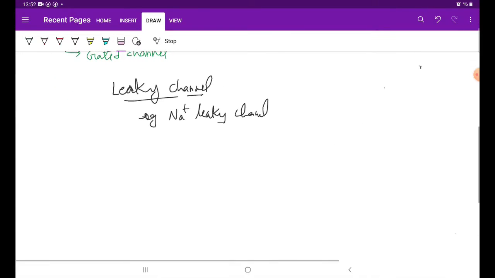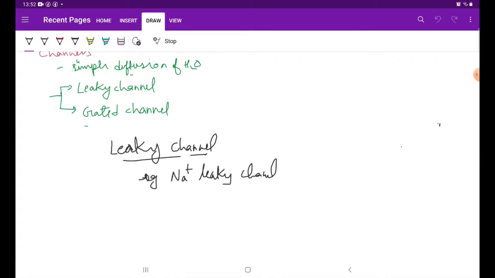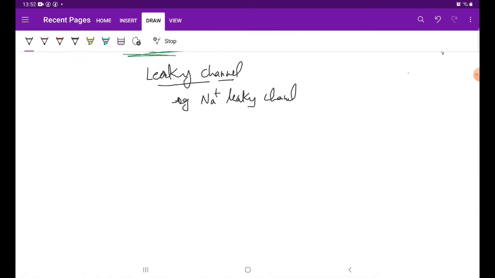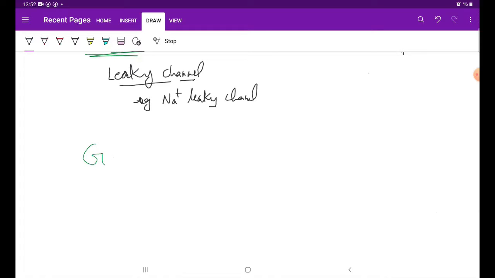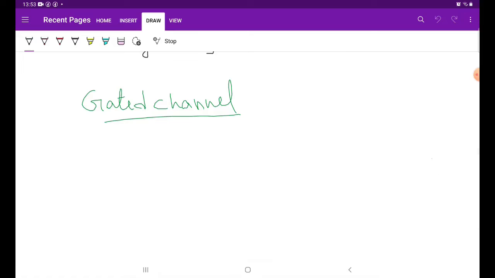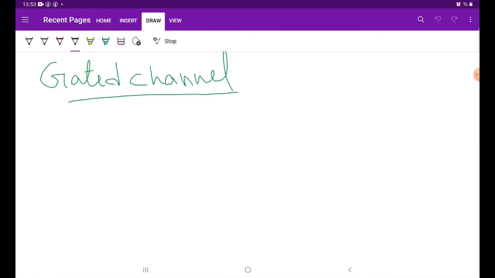Now let's discuss the second one, the gated channel. If we take gated channels, there are certain examples, like voltage gated.